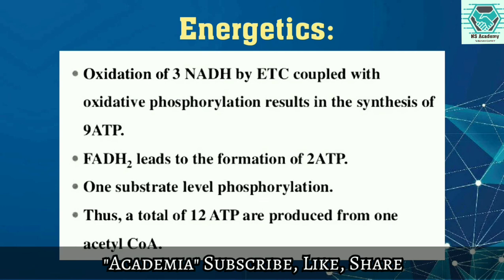One substrate level phosphorylation occurs. Thus, a total of 12 ATP are produced from one acetyl-CoA. So 9 plus 2 plus 1. The intermediates like 3 NADH and FADH2 produce ATPs in the electron transport chain.